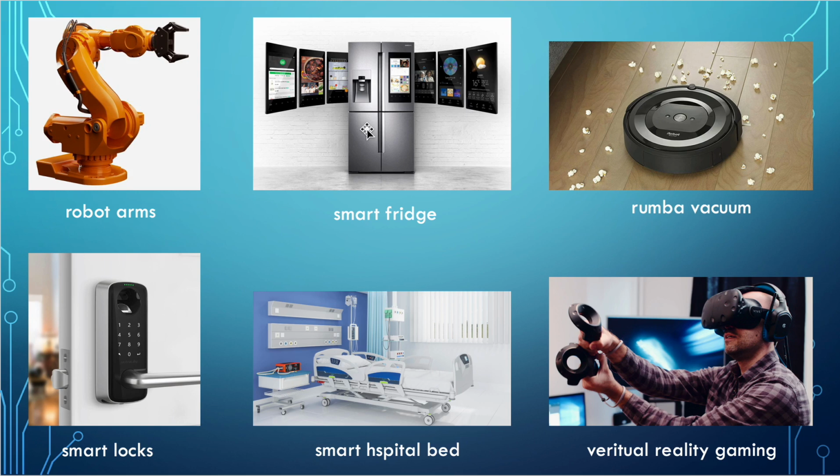Again, it would have sensors to check the temperature, the coldness, and even if there is rotting food inside, there would be sensors to check whether the air inside the fridge is clear or not. There will be light sensors, and so on.